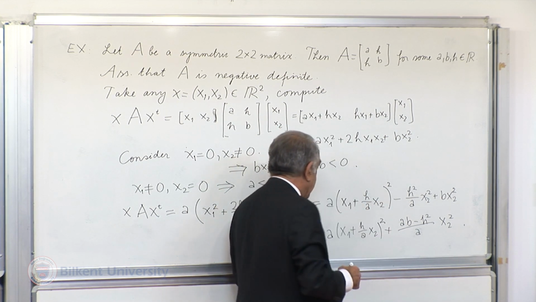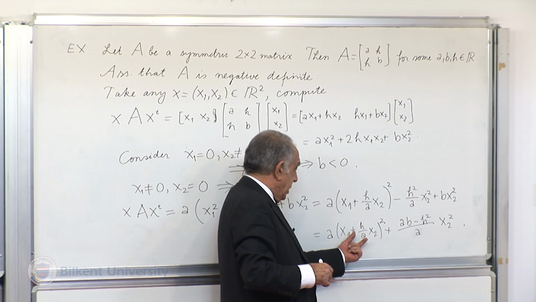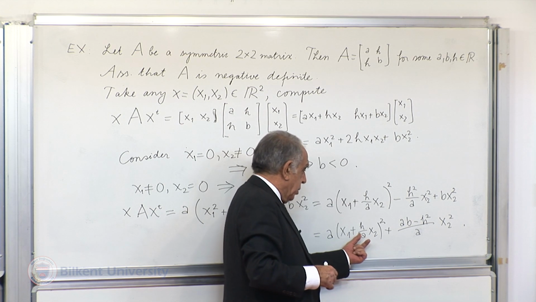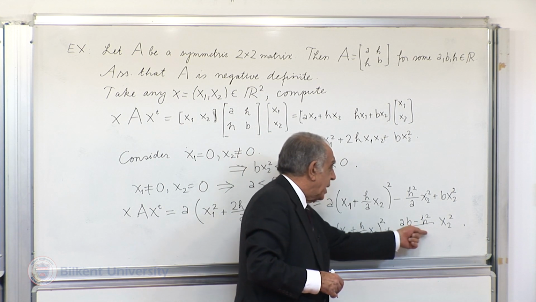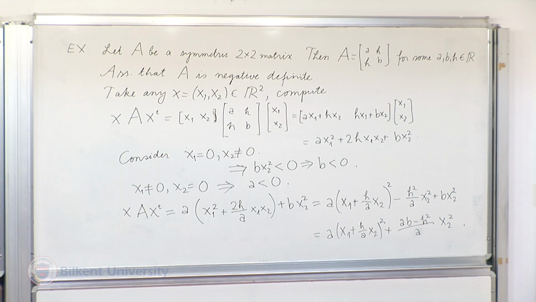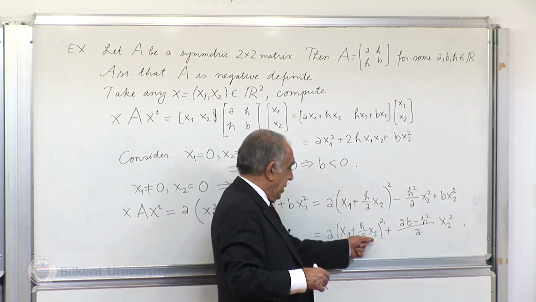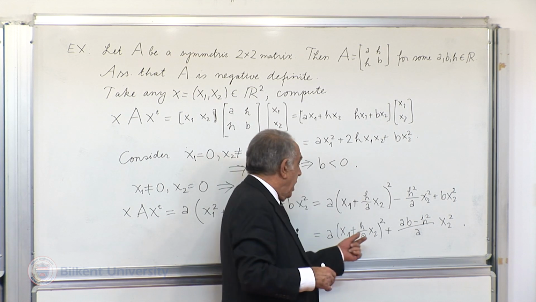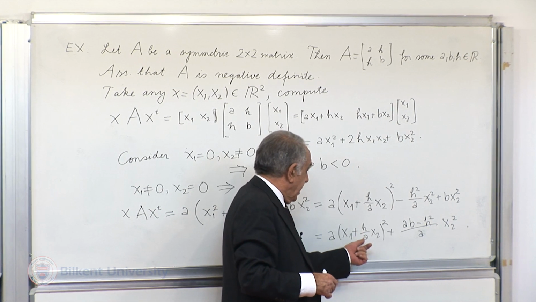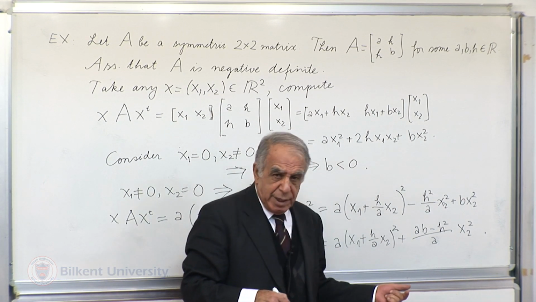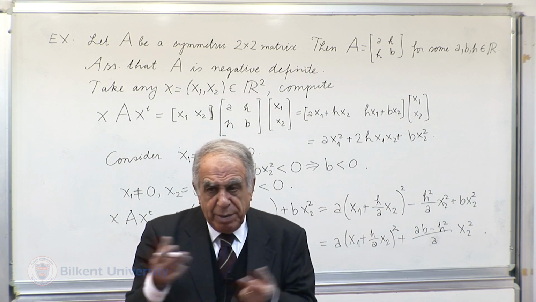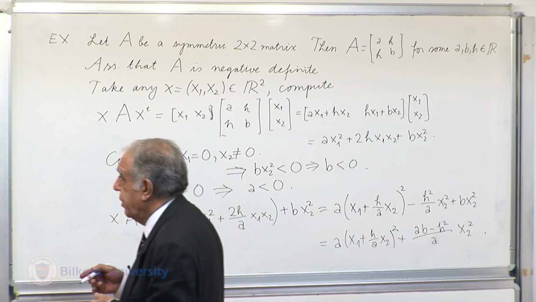Let me make this 0, x1, x2 being different than 0, then we'll get some information from there. So, I can take x2 different than 0 and x1 equal to minus h over a times x2. x1 might be 0 because h might be 0, but x2 will be different than 0.